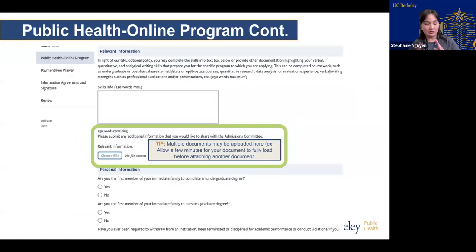Moving forward, it's a continuation for this page. There's going to be a relevant information section, and this is a key place to utilize as a tool for yourself.